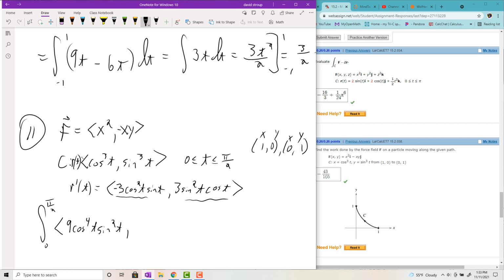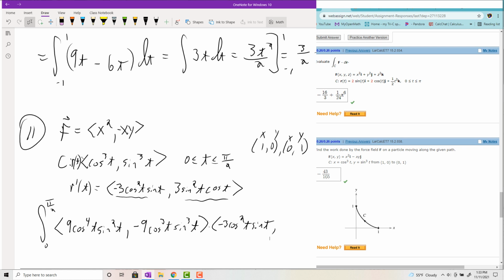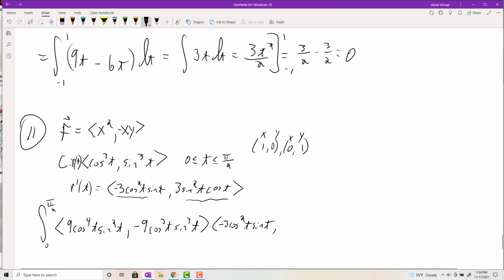The second component would be -9 cosine cubed t sine cubed t, dotted with r prime, -3 cosine squared t sine t, comma, 3 sine squared t cosine t dt.